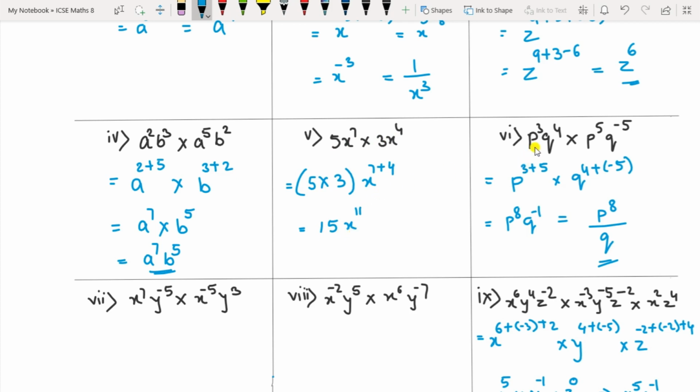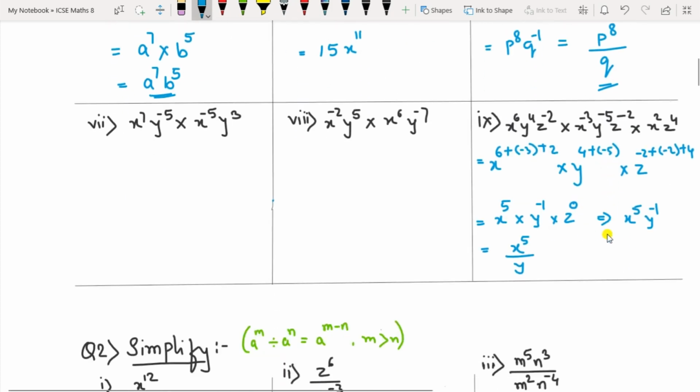Similarly in this case, p raised to 3 plus 5 and q raised to 4 plus minus 5, it becomes q raised to minus 1. The power is negative here, so write its inverse, that becomes p raised to 8 upon q. The next one is x raised to 7 plus minus 5 multiplied by y raised to minus 5 plus 3.